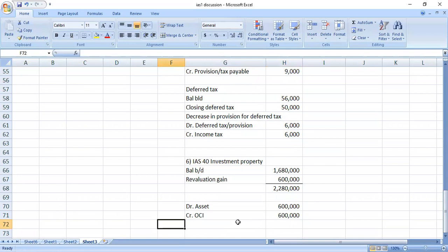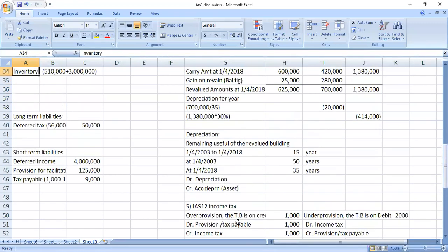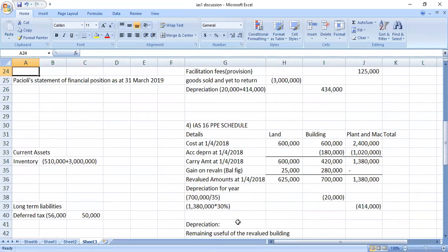Okay. So ideally, you're saying you debit your asset with 600, hence you're increasing the asset. And therefore, if I go to my statement of financial position under non-current assets, the investment property, say I had 1,680,000, added the 600,000.